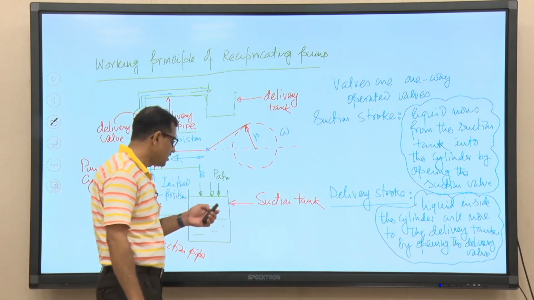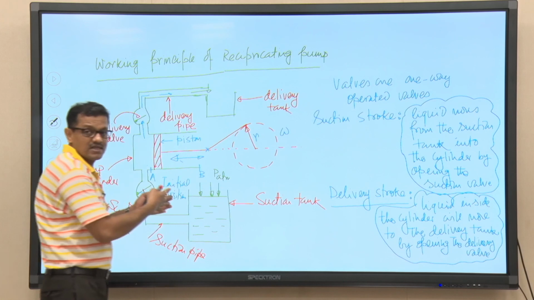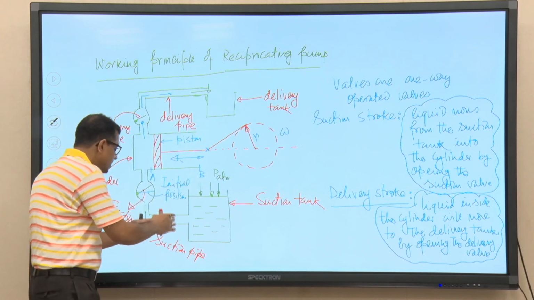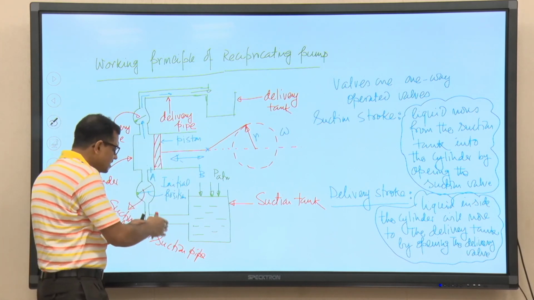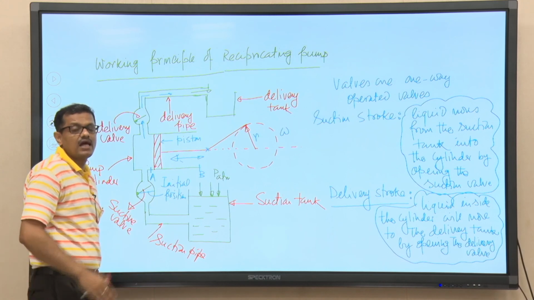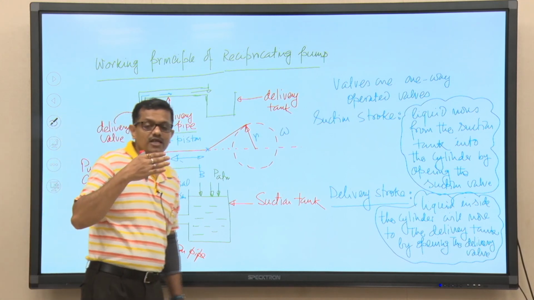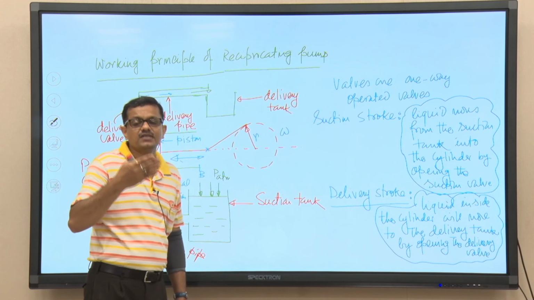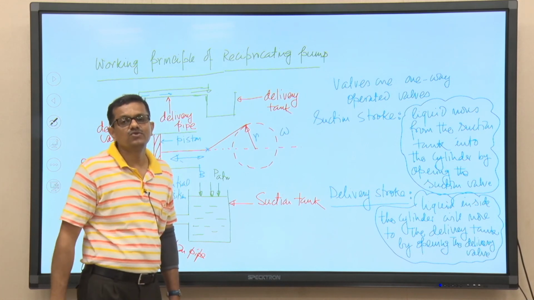So, first of all, the effect of inertia due to the liquid volume in the cylinder as well as in the relevant pipelines, and the effect due to friction. So, frictional losses should be taken into account.